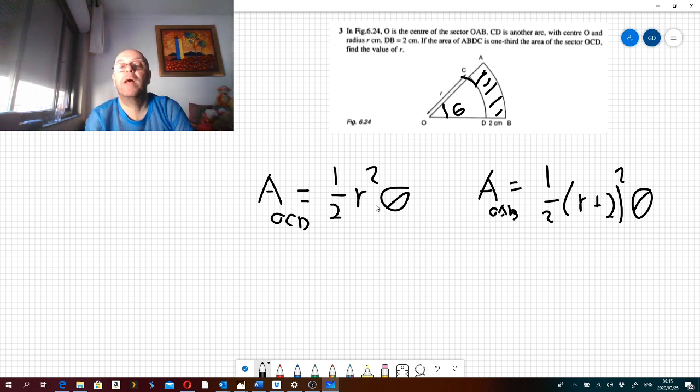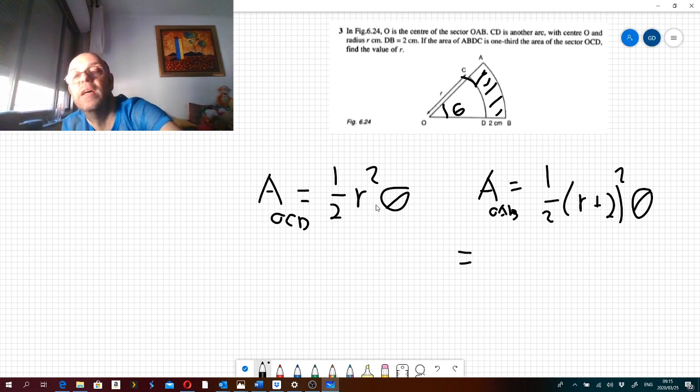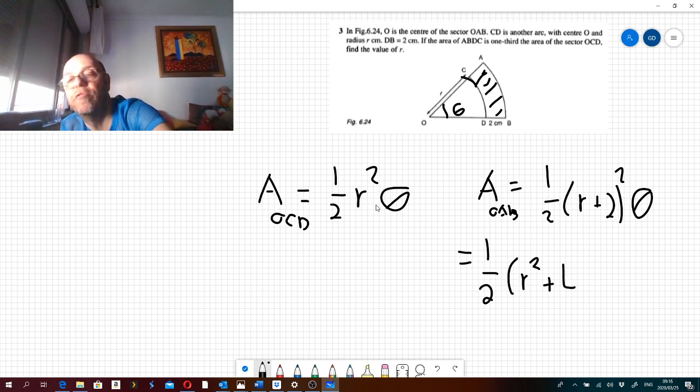We could actually multiply that out and see what that gives us. So if I continue that over here, I'd get a half, and (r plus 2) squared is simply r squared plus 4r plus 4.